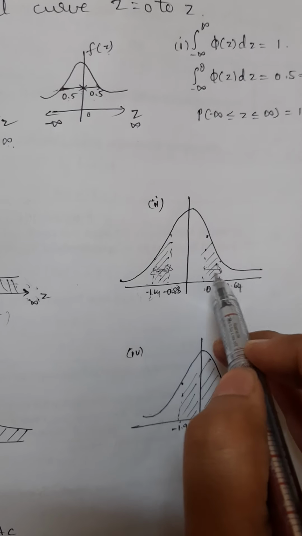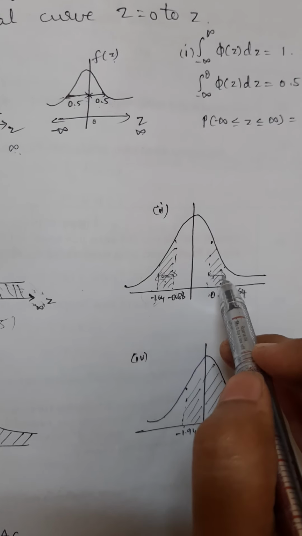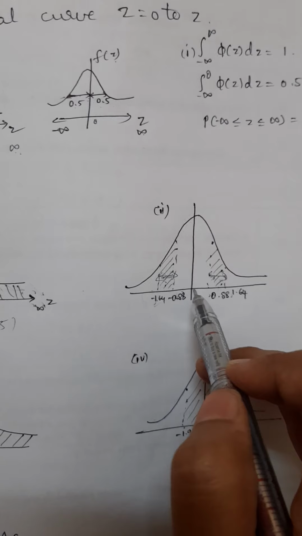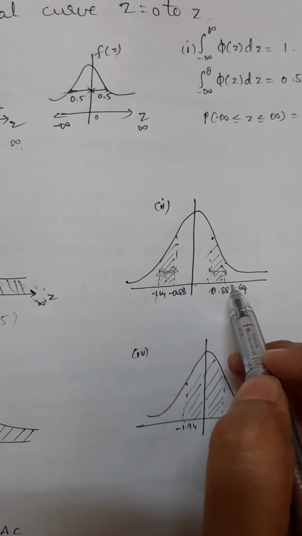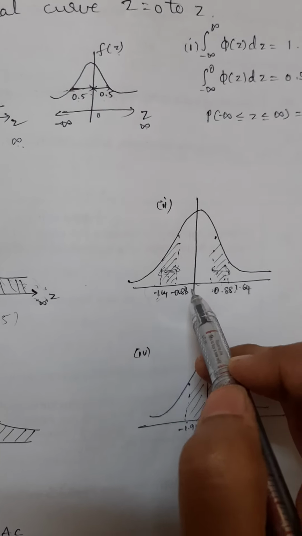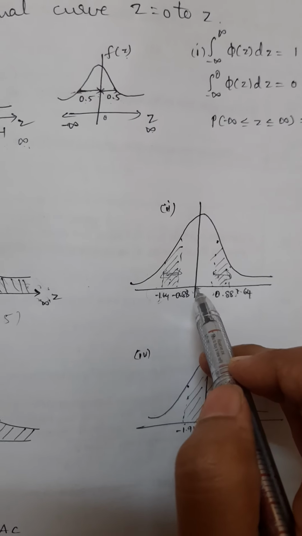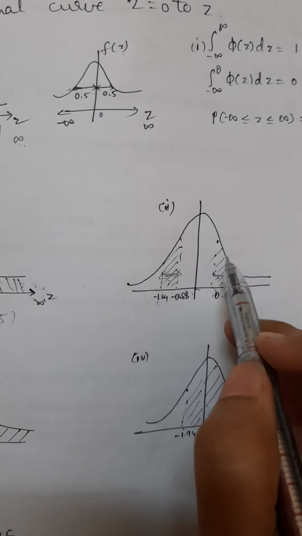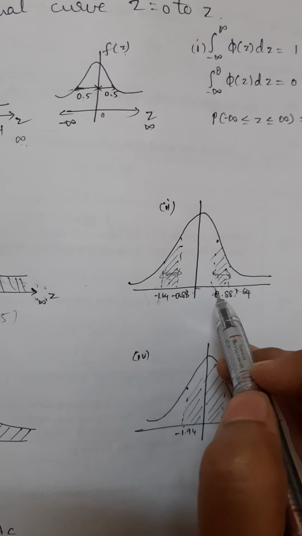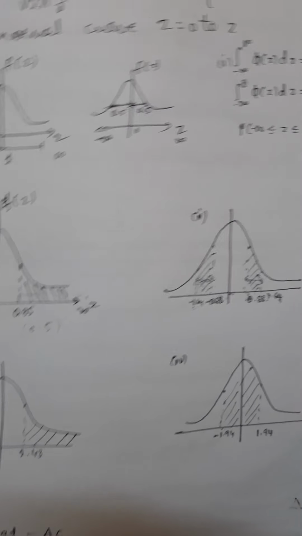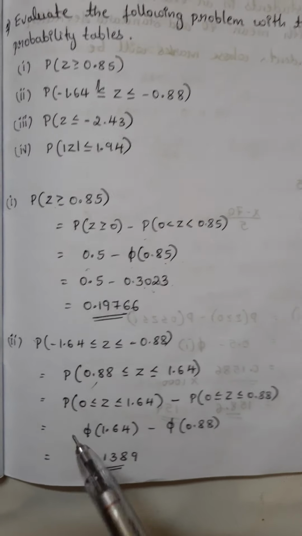To calculate this area, first I will calculate from 0 to 1.64. From that I will subtract from 0 to 0.88. So that I'll get the area between 0.88 to 1.64.